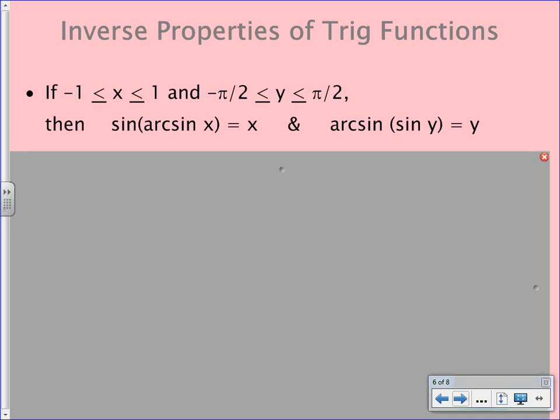First of all, I want you to look at this right here. Sine of inverse sine of x is x only when x is between -1 and 1, because that is the domain of the inverse function.